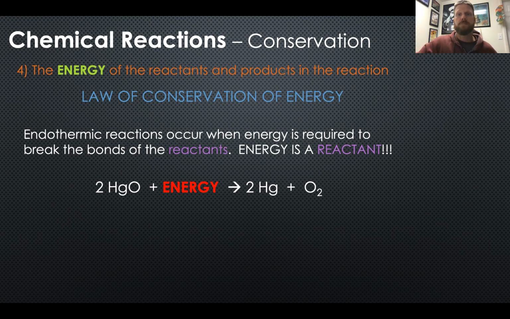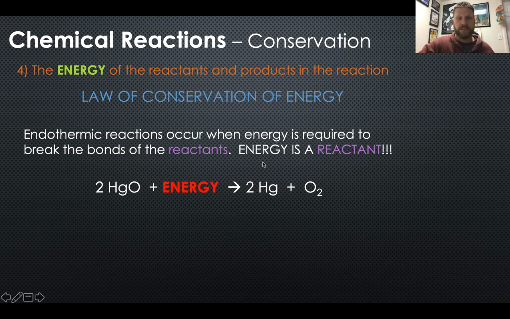That means energy must be put in to break the bonds of the reactants. In this example, energy must be put into mercury(II) oxide in order to separate the compound into mercury and oxygen gas. Since energy has to be put in, the reaction is endothermic.